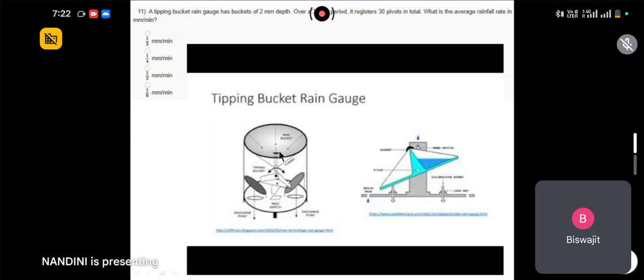So it has a bucket kind of like this and a seesaw kind of thing inside. Once the rainfall fills over this particular region, it will be drained to this other bucket. So based on the number of tips that happen, we can calculate the rainfall that has happened over that particular period of time.